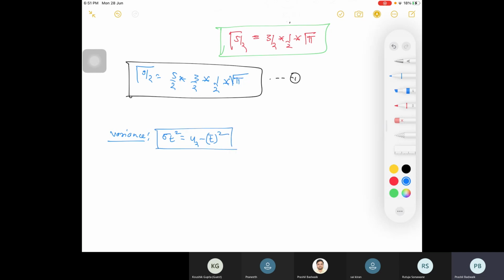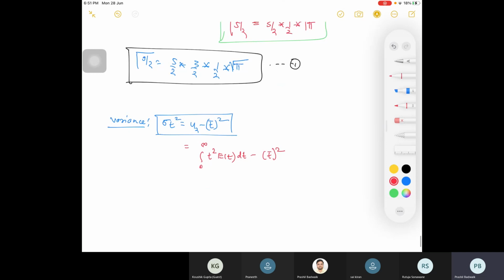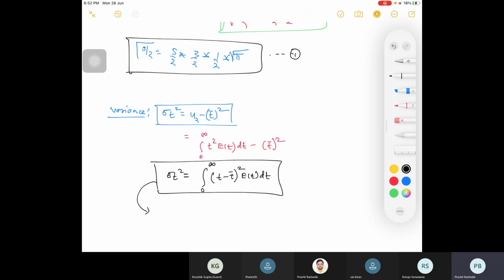And what is your mu2 here? mu2 is the moment of RTD about the origin. So it is integral 0 to infinity t square E(t) dt minus t mean whole square, or as he pointed out, sigma t square is equal to the integral about the mean residence time, so it is 0 to infinity (t minus t mean) whole square E(t) dt, right? You can solve using either, so we'll continue with this.